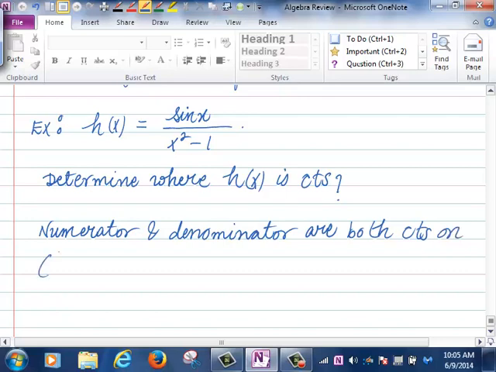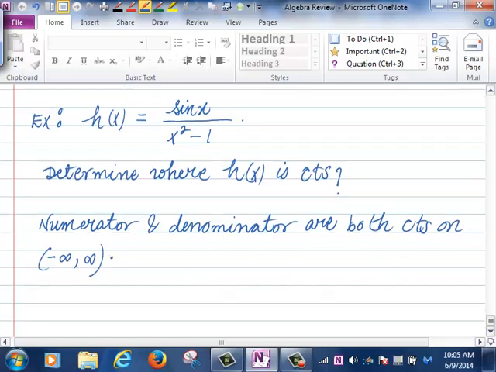So we know that the sine function is continuous everywhere. We know that a polynomial is continuous everywhere. So both of them are continuous everywhere, right? However, when we have a ratio, once we determine where both numerator and the denominator are continuous, then we have to exclude the points where the denominator vanishes, right?